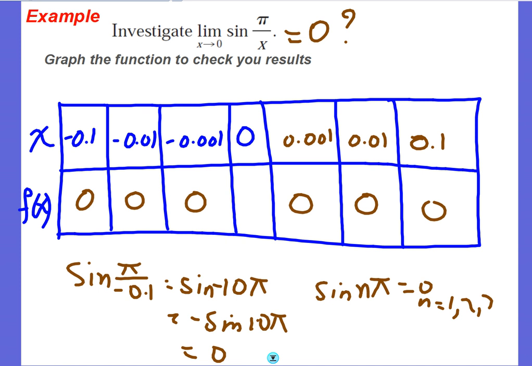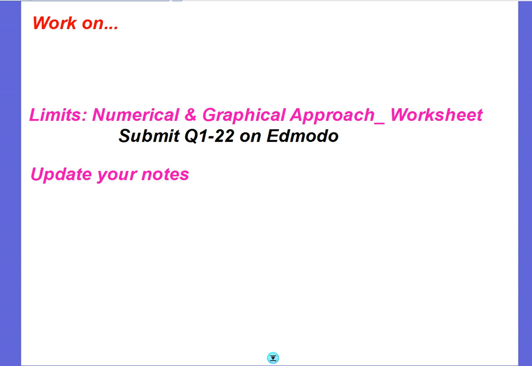So this limit is not equal to 0. Actually, this limit does not exist. So now you see how you can use the graph to check if a limit exists or does not exist.